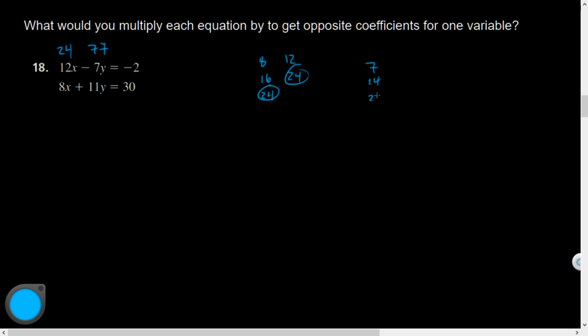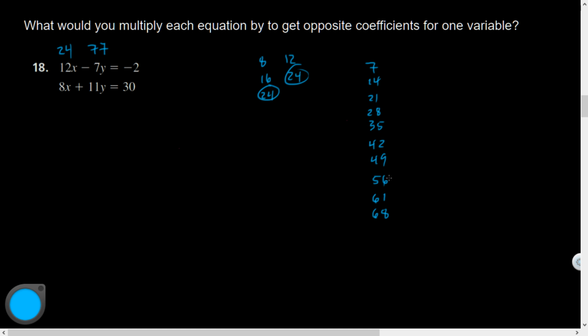I'd end up having quite a list here. I'm probably going to forget my multiple at some point. Did I get there yet? No, I made a mistake somewhere. 49 is definitely right.